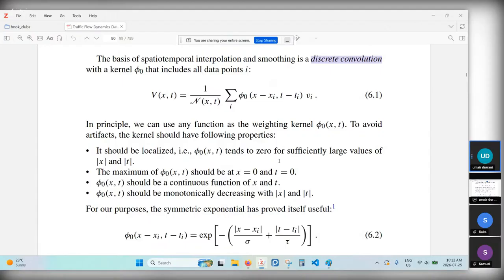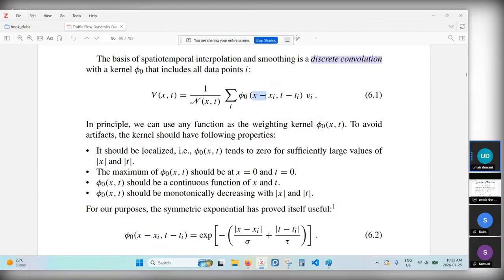So this phi naught function should be localized. It should tend to zero for sufficiently large absolute values of x and t. Here, x is the location where we are interested in getting the speed value, where we don't already have it. We only have the speed value at xi, given by the detector. Similarly, we only know the speed value at time ti given by the detector, but we are interested in time t, which could be any time between when the speeds were reported.